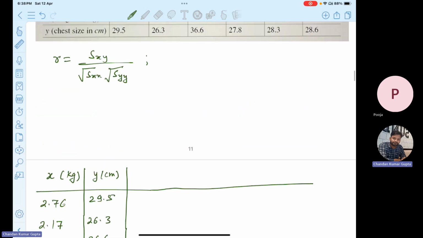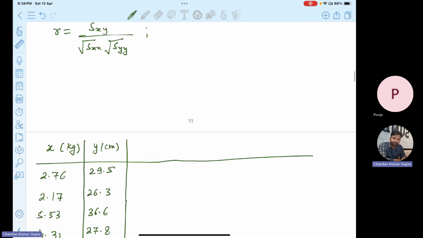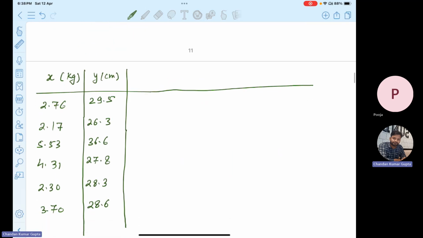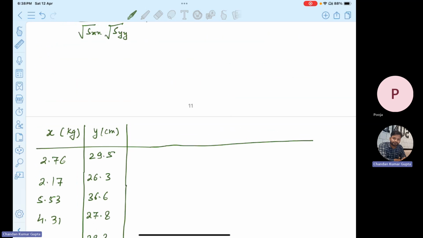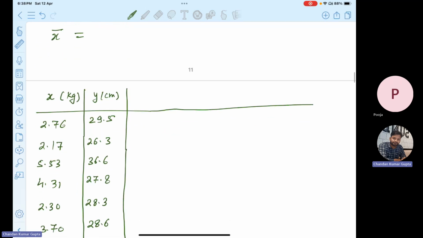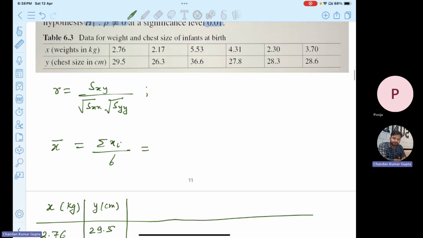Now we need to calculate Sxy, which is defined as the summation over xy. So obviously we need to first calculate the x bar. The x bar is summation xi divided by 6, since we are given 6 values. Summing up 2.76 plus the rest, it is 20.76 divided by 6, which is approximately 3.46.